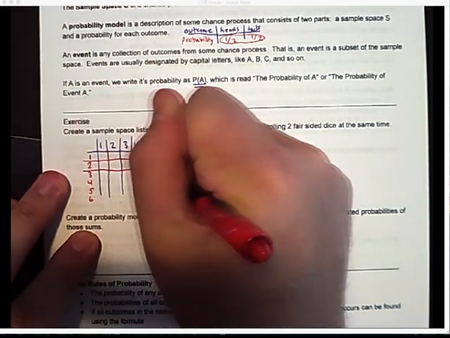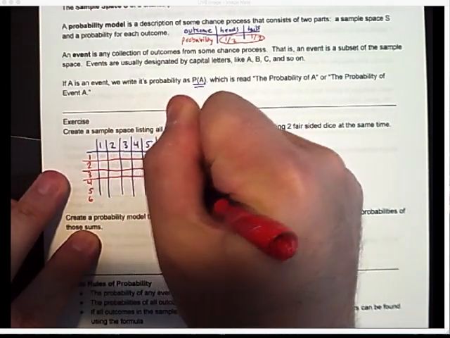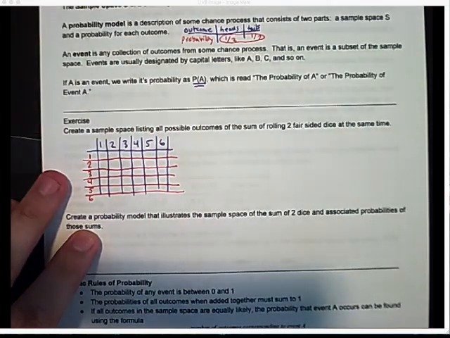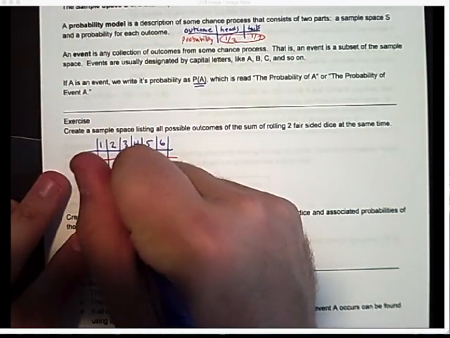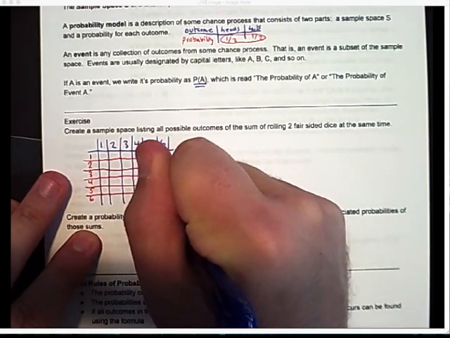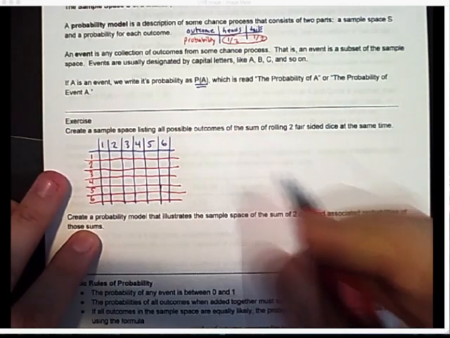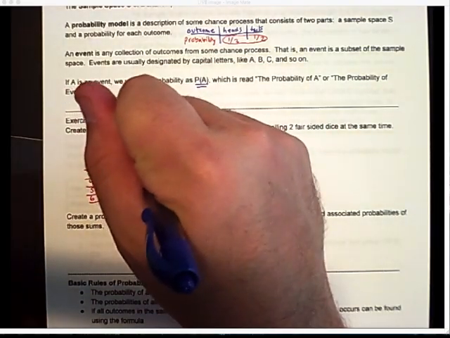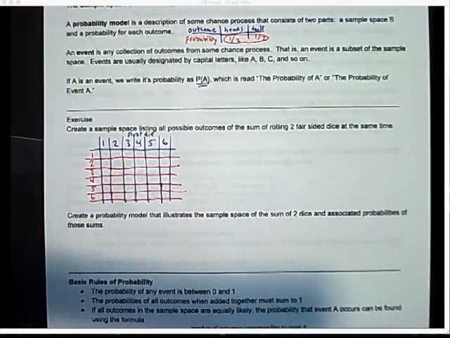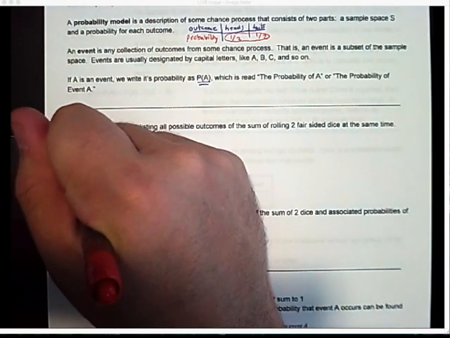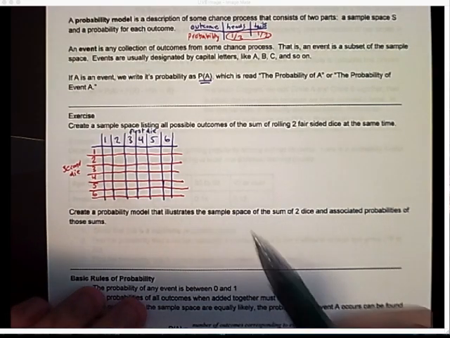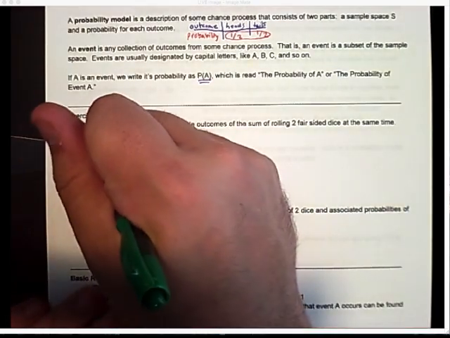So what I'm going to put in this chart is the sums. I'm going to add these numbers up. And you'll see what I'm doing here in just a second. So in this chart, here's the first die, and die is the singular of dice, and this is the second die. And in the middle, I'm going to put the sum. So if I get 1 on each die, the sum would be 2.